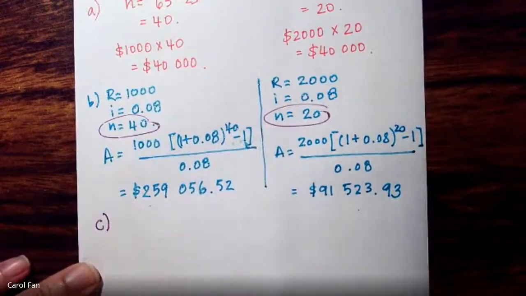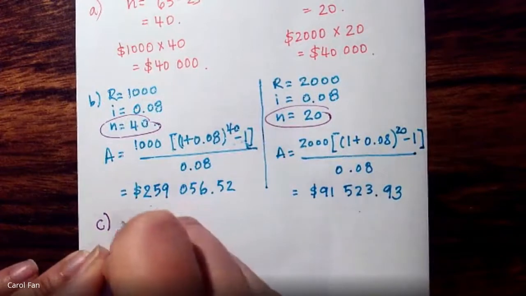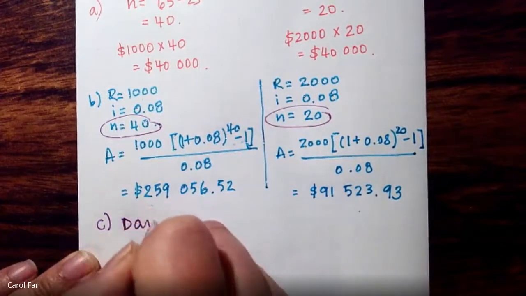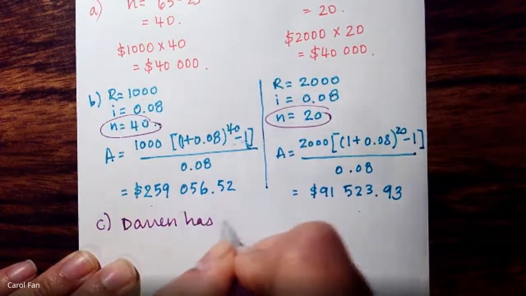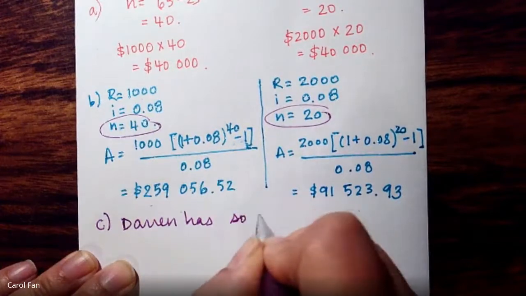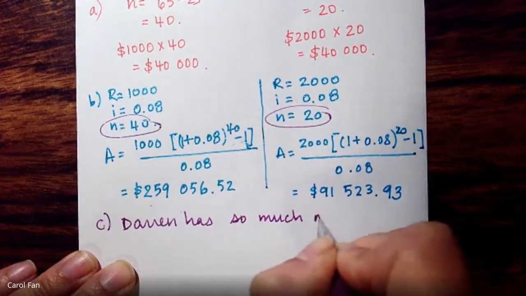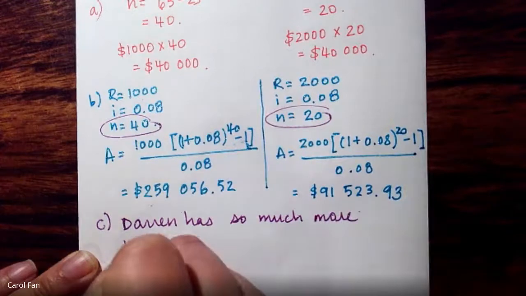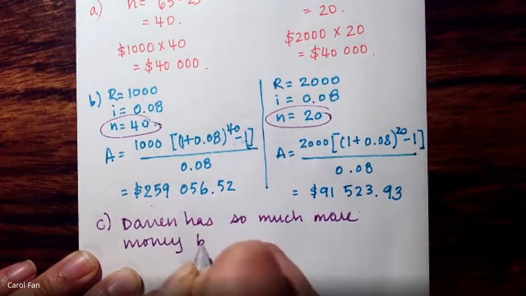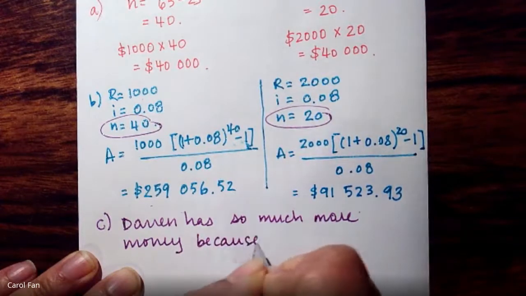So why does one twin have so much more money? Darren has so much more money because he started saving earlier.